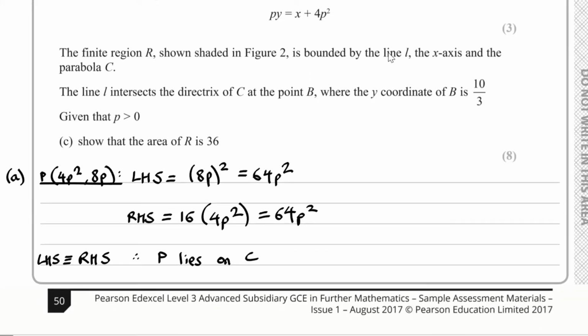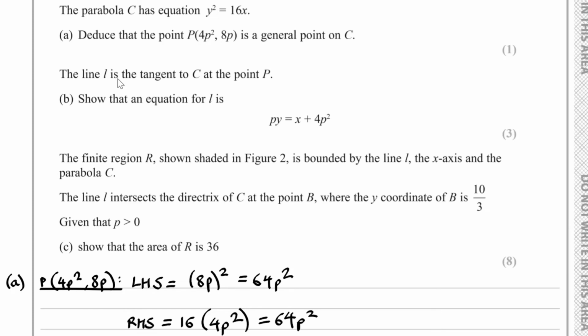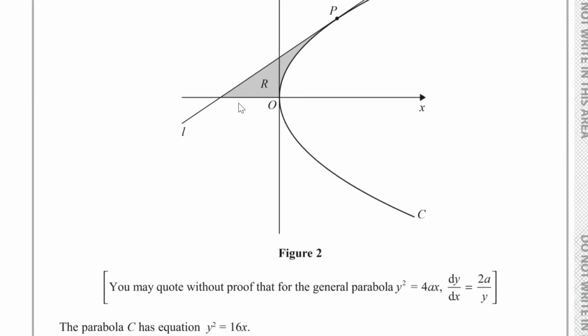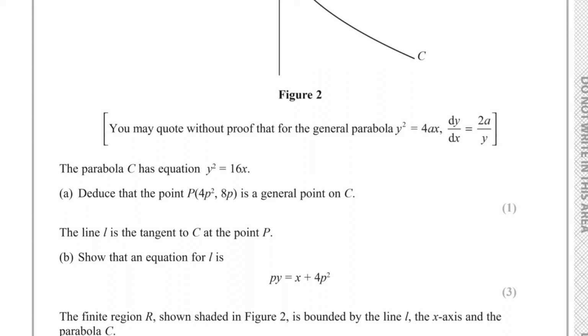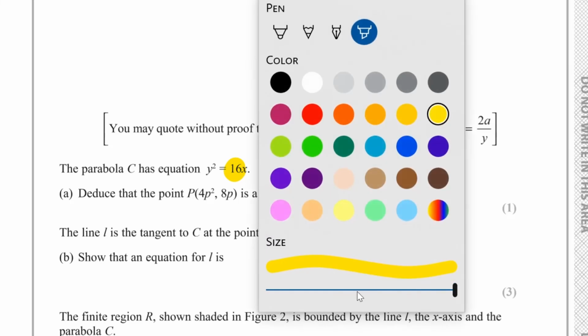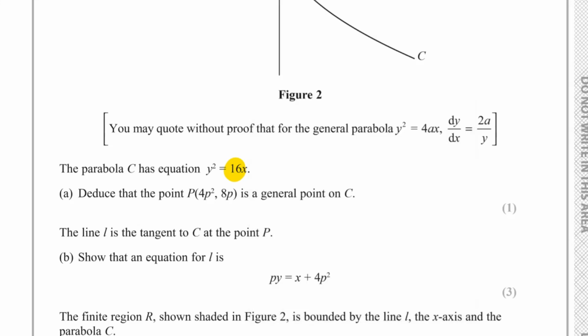Now for part B, the line L is a tangent to C at the point P, and we have to show that an equation for L is py equals x plus 4p squared. Well, if L is a tangent, what we can actually do is compare that 16x with the 4ax.